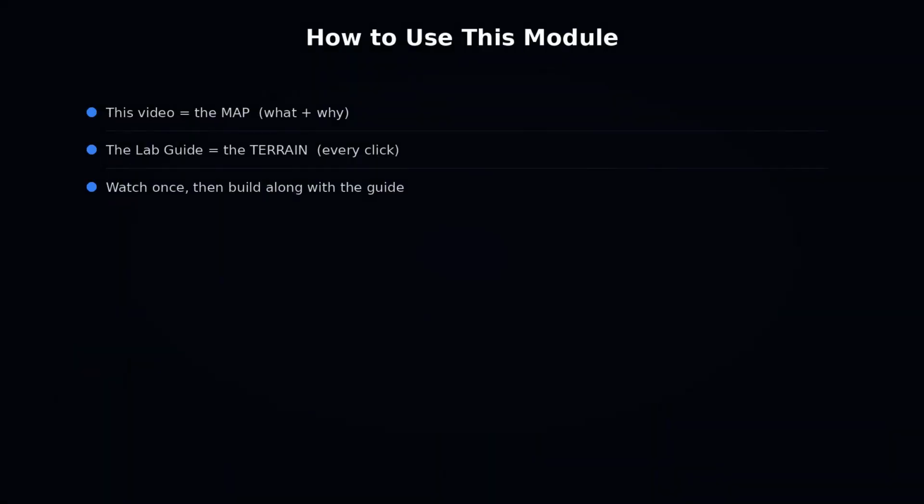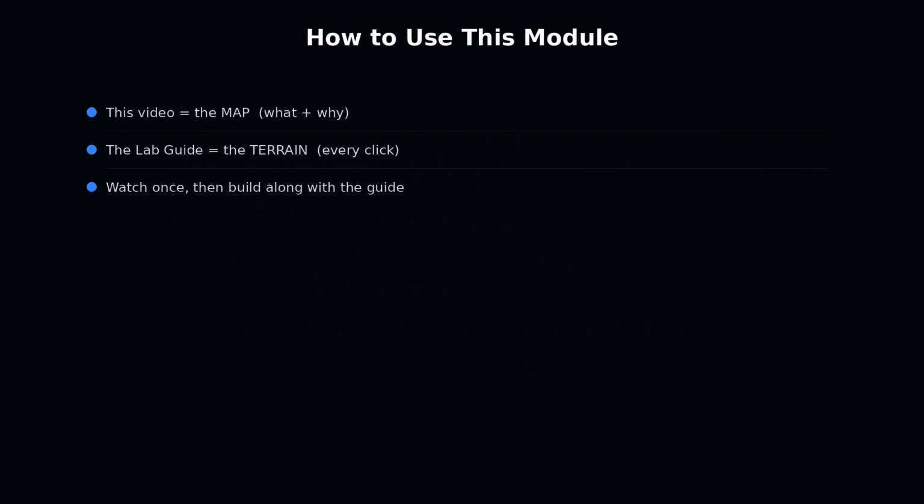So here is how to use this module. This video is the map. It shows you what you are building and why each piece matters. The lab guide beside it is the terrain. It has every exact click in order so you never get lost. Watch the video once.